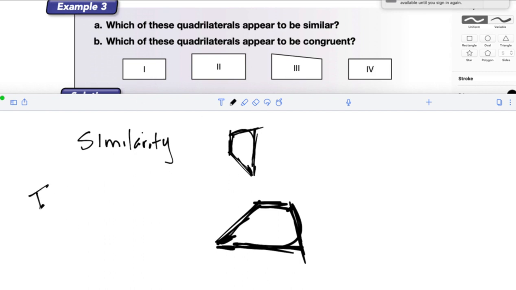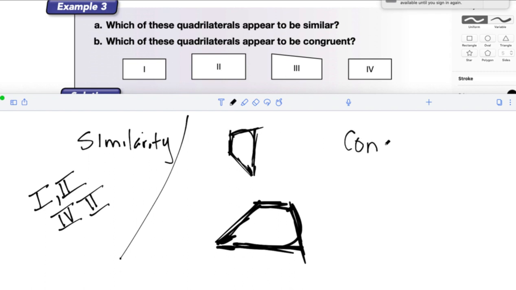The textbook has similar and it has congruent. And so I know that 1 and 2 are similar. And I know that 4 and 2 can be considered similar pairs. Technically, all of them are similar, 1, 2, and 4, but since similarity is what we want, I'm going to use the ones that are definitely similar and not congruent.